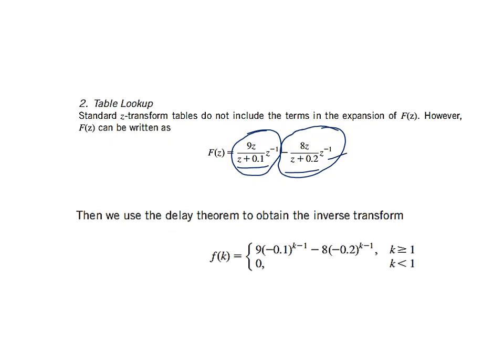The first one is 9 times negative 0.1 power k, and with multiplication by z power negative 1, we have a shift by negative 1, which is k minus 1. And also for the second term, negative 8, and this is in the form of negative 0.2 power k, but we have multiplied by z power negative 1, then we have a delay by 1, for k bigger than 1 and 0 otherwise for k smaller than 1.